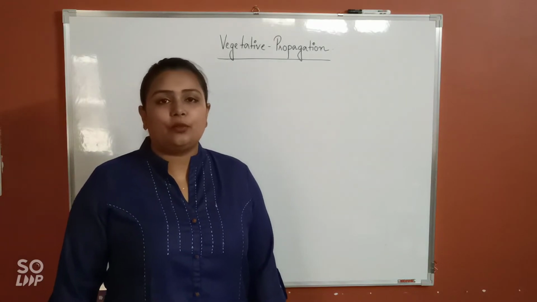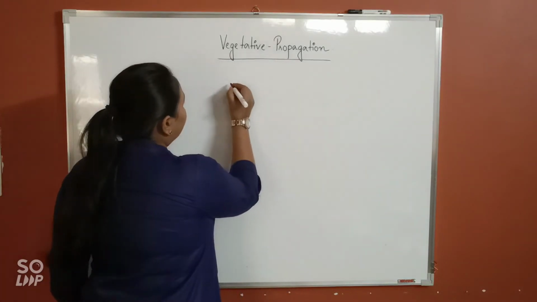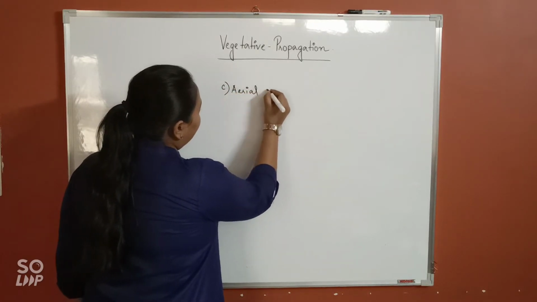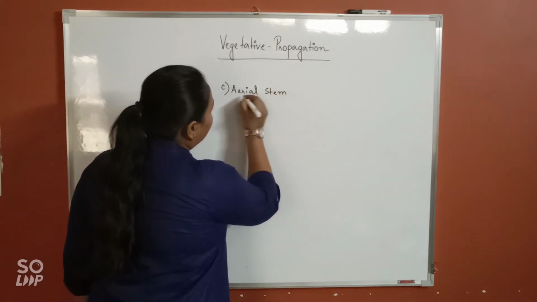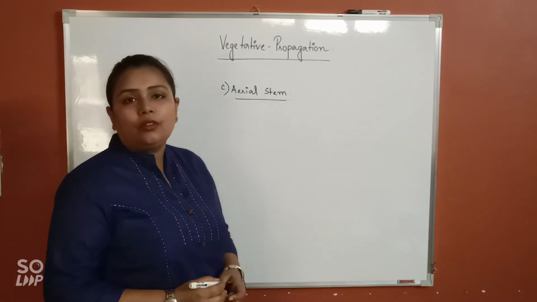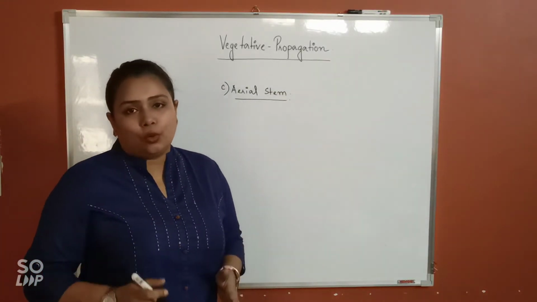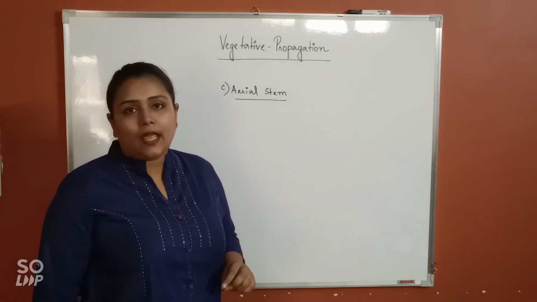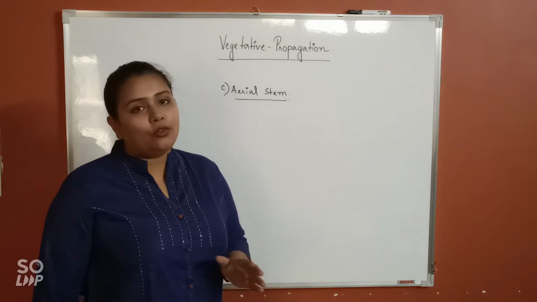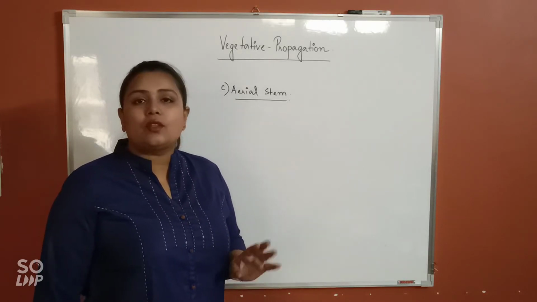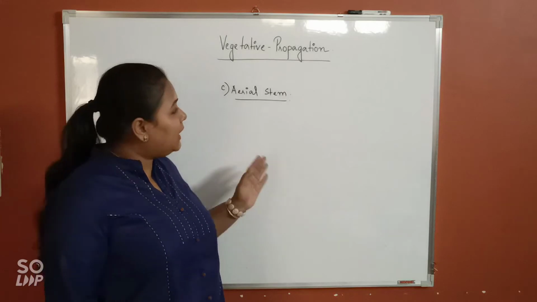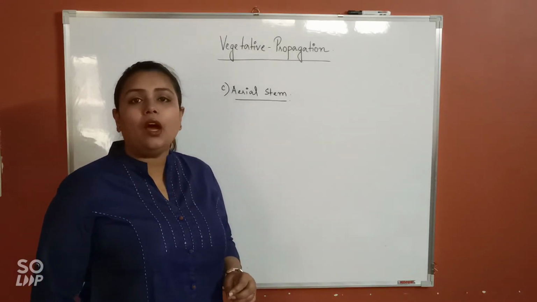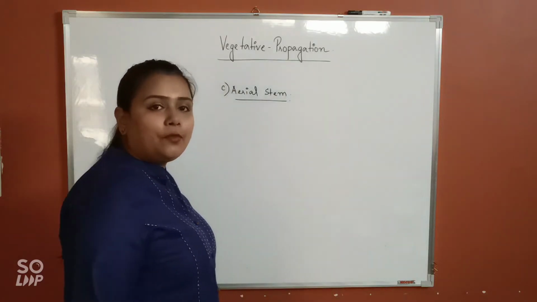So now let's start with aerial stem. Now we know that each node in the aerial stem is going to bear at least one axillary bud. And then all of you know that one bud means one new plant, isn't it? So each segment of the aerial stem having at least one node can give rise to a new plant. Let us take the example of sugarcane.